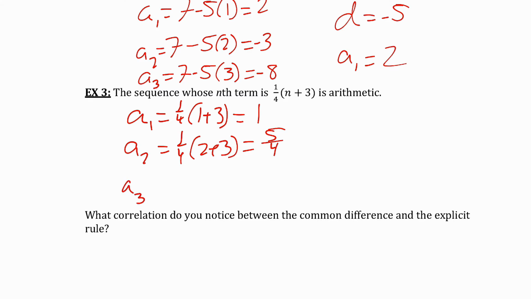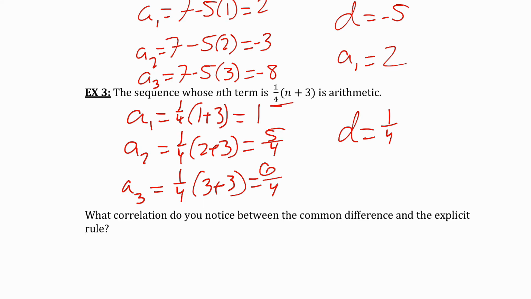A sub 3, we've got 1/4 times 3 plus 3. So we've got 1/4 times 6, which gives us 6 over 4, which is unreduced, or if you want to reduce it to 3 over 2, that's fine. The common difference here, again, you probably could have identified right off the bat, is 1/4. It's just that value that n is being multiplied by. And our first term here is 1.